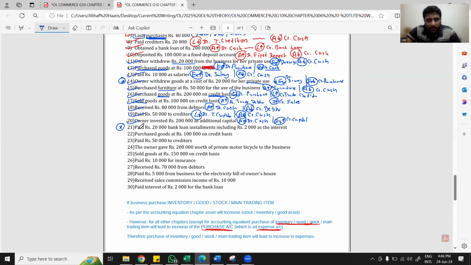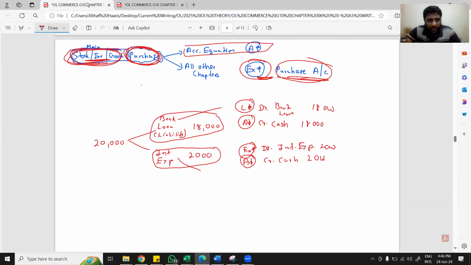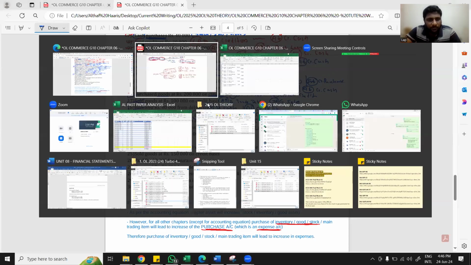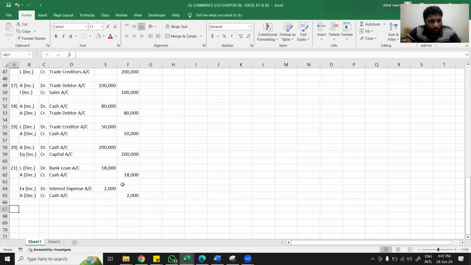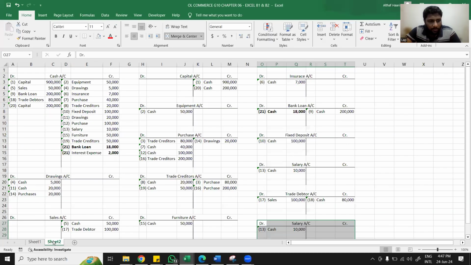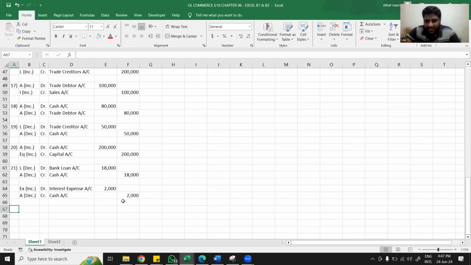Here, 2,000 interest. So 21 is having two transactions. I told you that, so it is good. 18,000 separately, 2,000 separate. 18,000 is the bank loan, 2,000 is the interest.